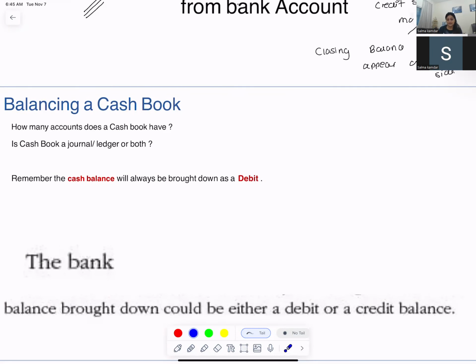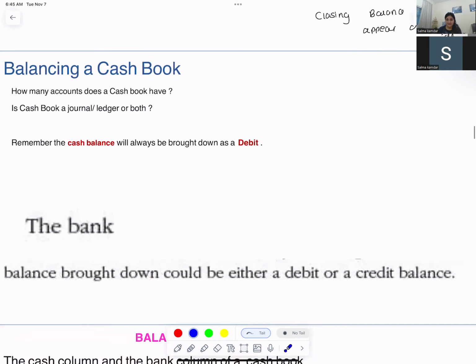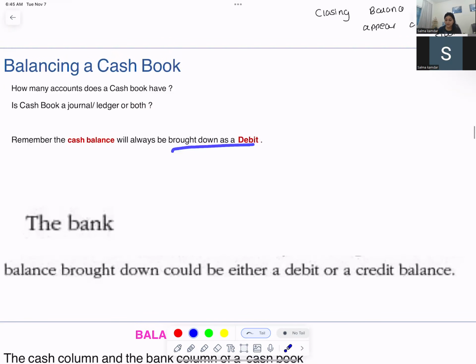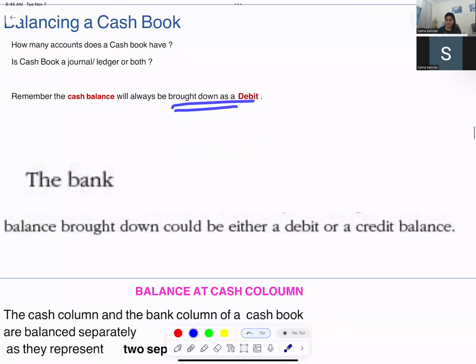Another thing, can you tell me, is the cash book a journal or a ledger or is it both? You should know cash book is both a journal as well as a ledger. Cash balance will always be brought down as a debit balance. The bank balance can have a debit balance or it can have a credit balance.